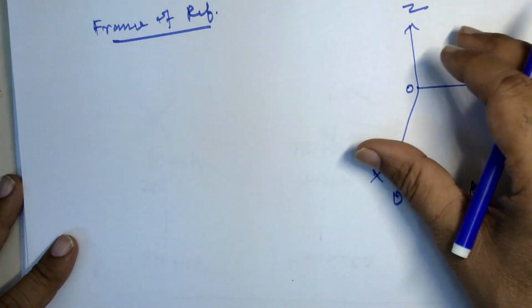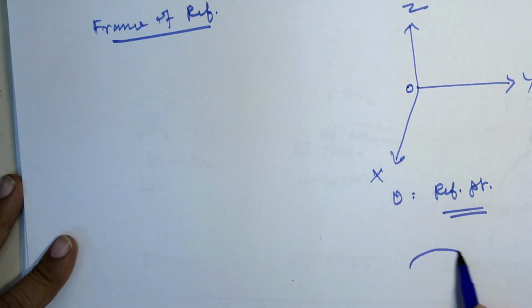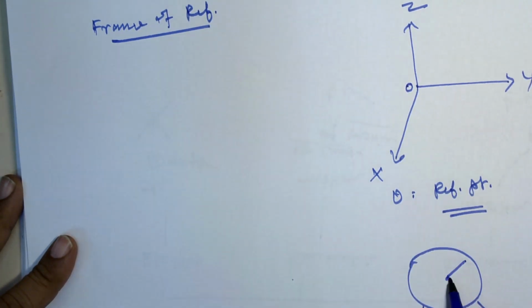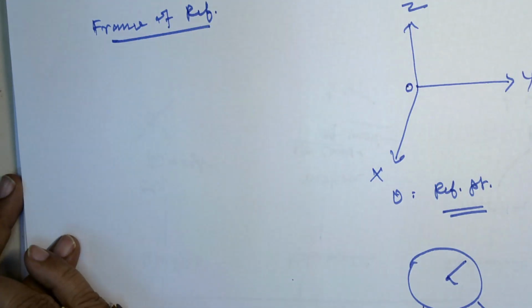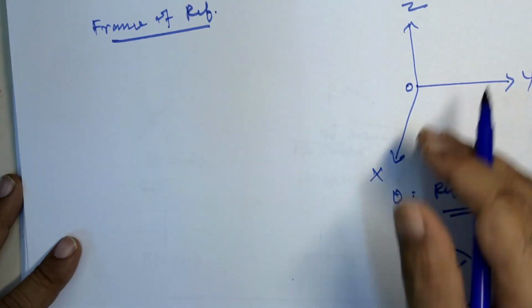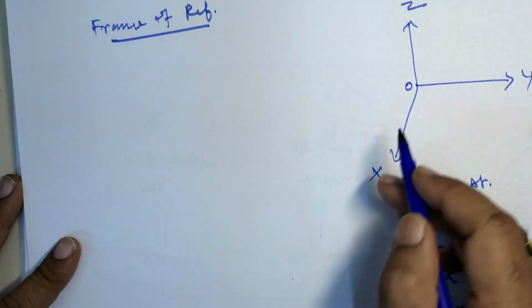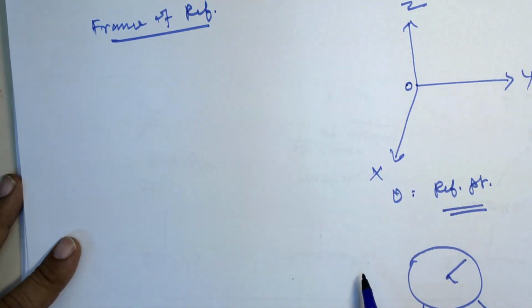So this is the coordinate system, right? Now to measure time you need a clock. So the coordinate system along with the clock constitutes the frame of reference.